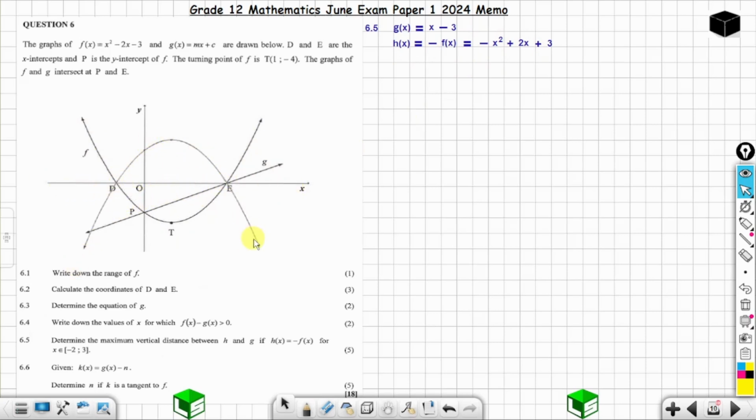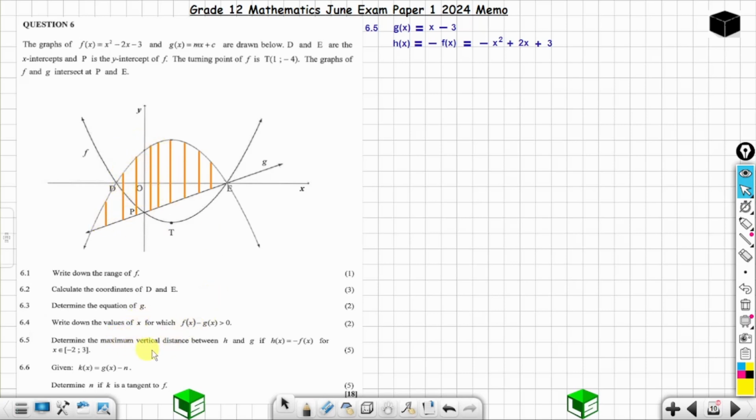This is h and g. You have the vertical distance between h and g. Can you see? This is not a maximum because this is short. You have to find the maximum.